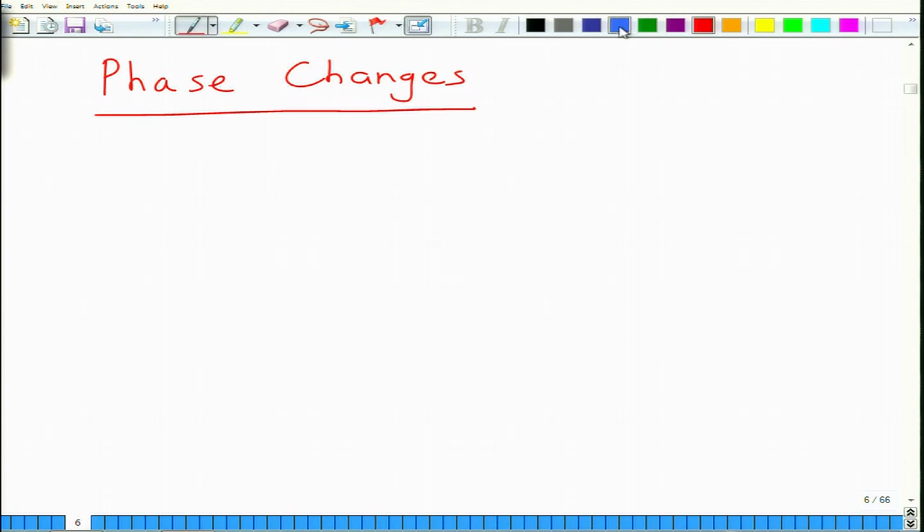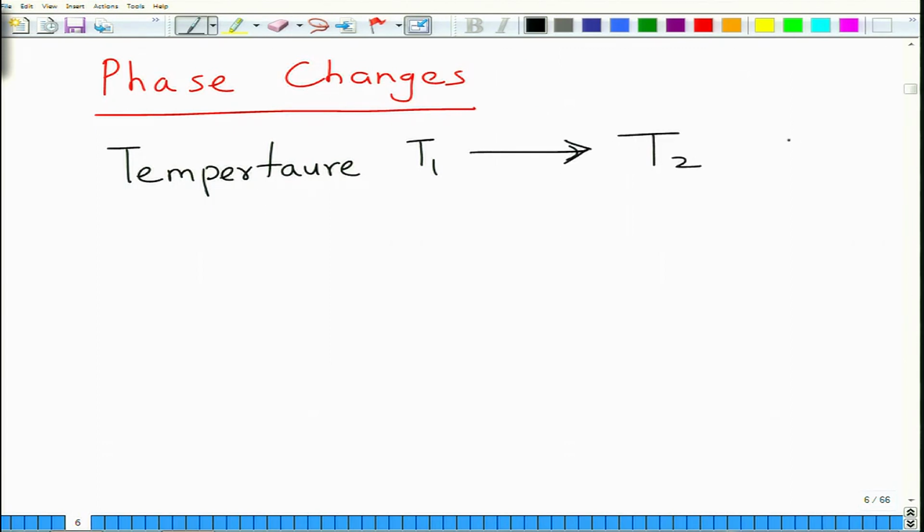So as you go, for example, let us say I go from temperature T1 to T2, okay, and this is the condition that T2 is greater than T1.